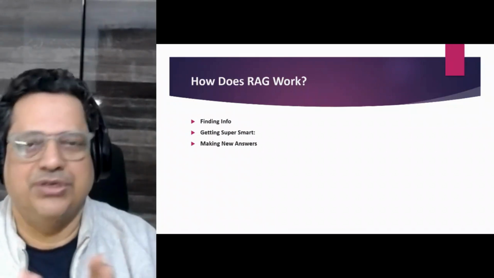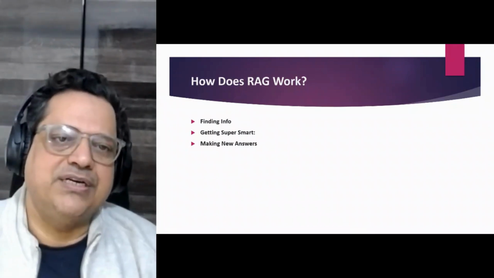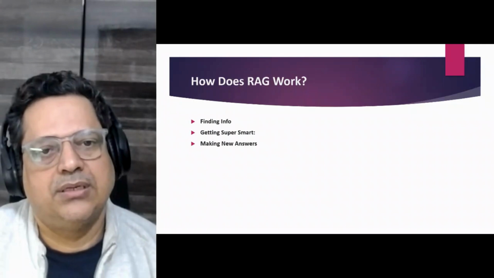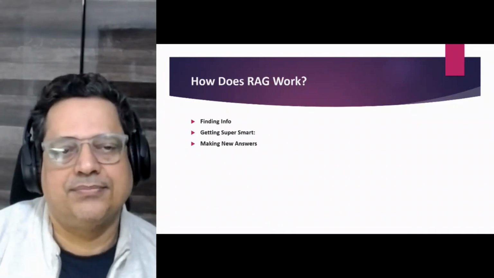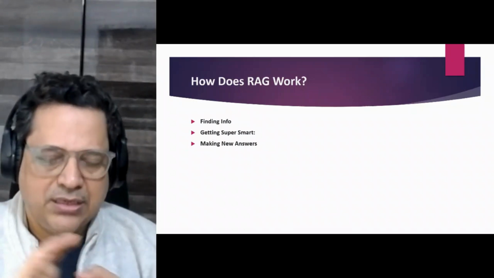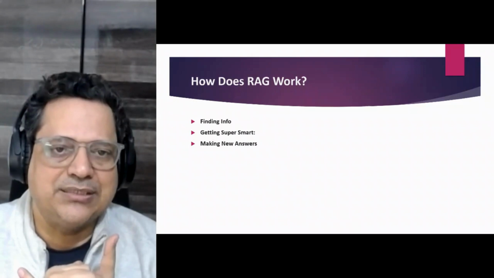In a fundamental way, not technical as of now, just plain English, you are looking for three important factors inside this RAG. The complete working of RAG is finding info, getting smart, and generation.